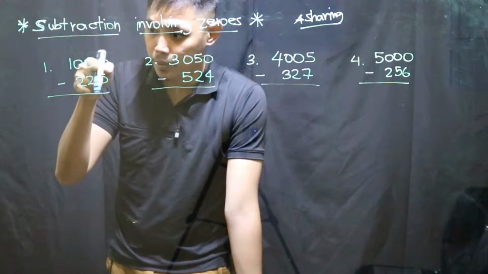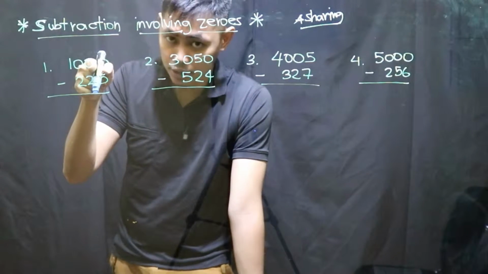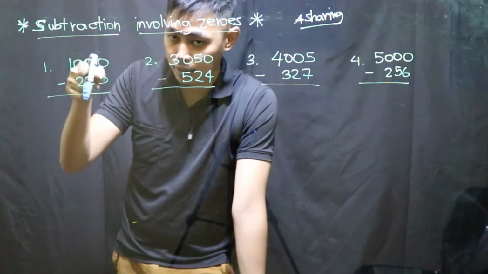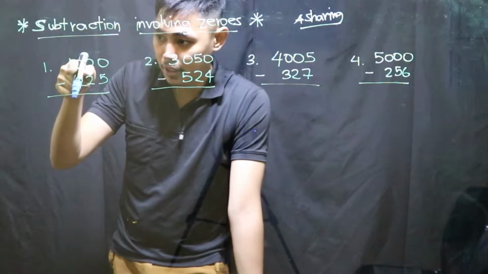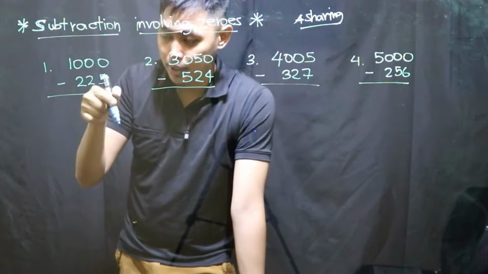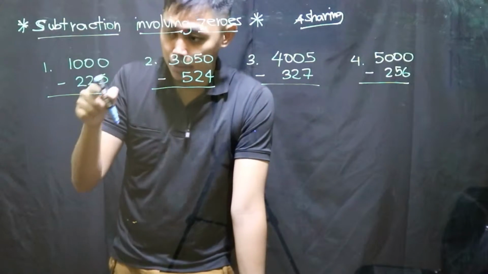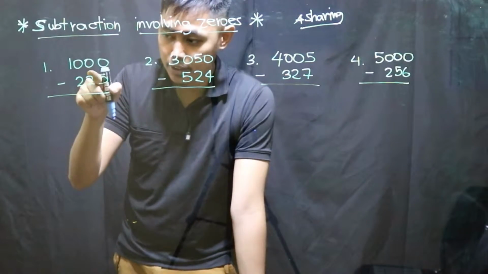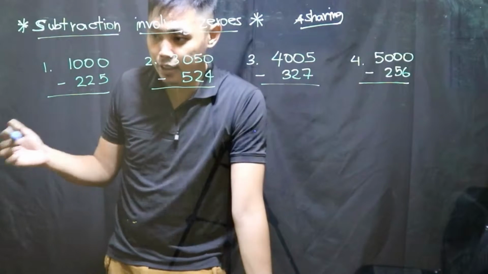So this 0 will ask this 0 here, and this 0 here will ask this 1 here, because when this 0 asks something from this number, it actually says, I don't have anything.